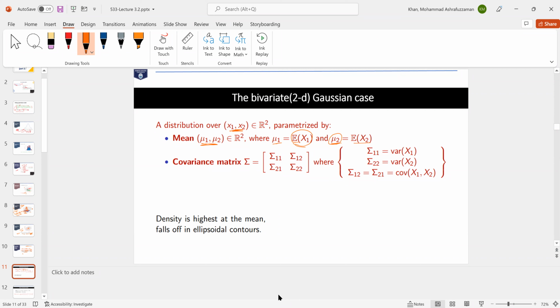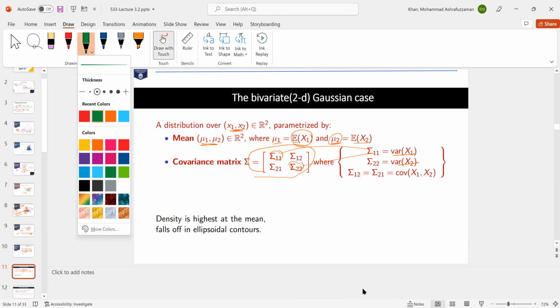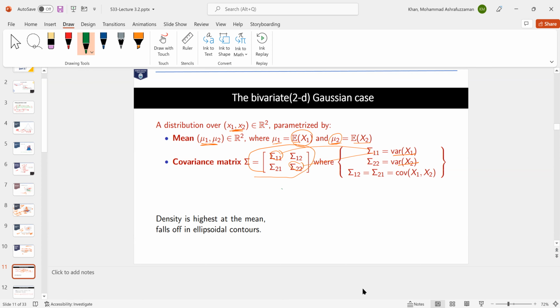Then they will have a covariance matrix like this. Again, this one and this one are just the variance, and the off-diagonal entries are really the covariance values.